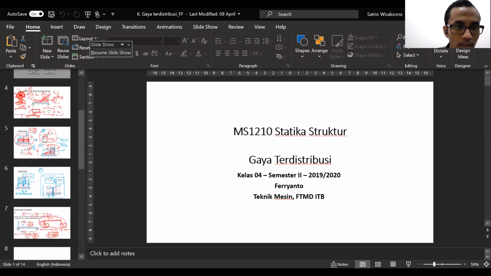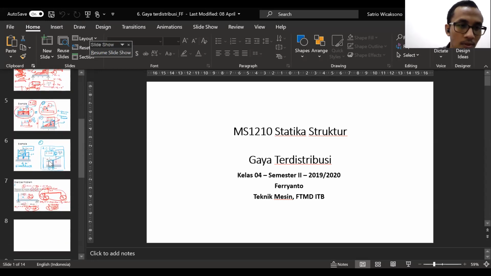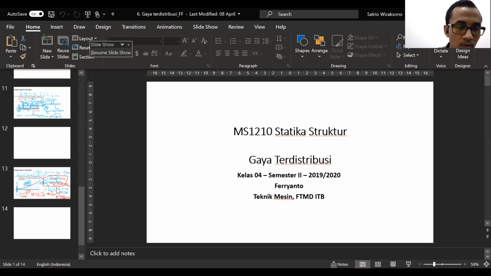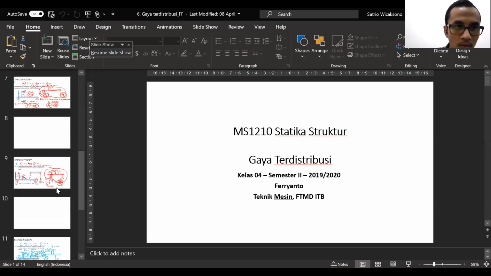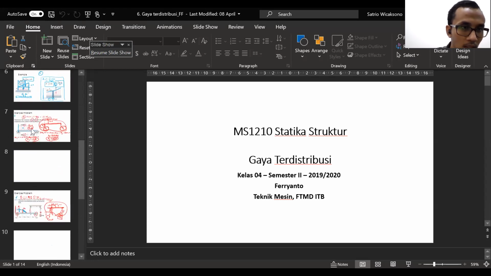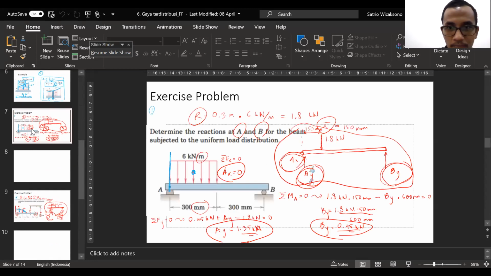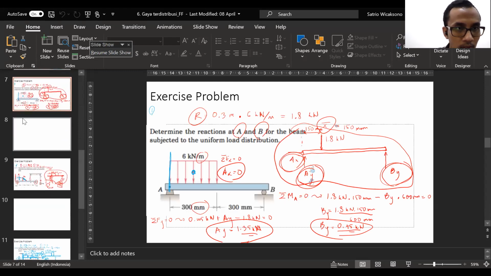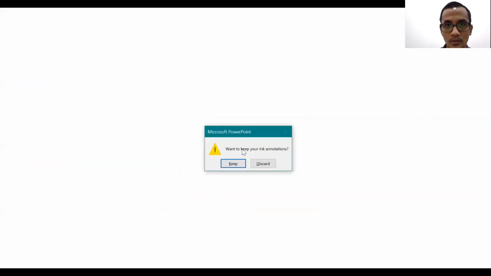Okay, I think I can discuss it. Maybe we can just use this particular example. Sorry, keep stop share and then share again.